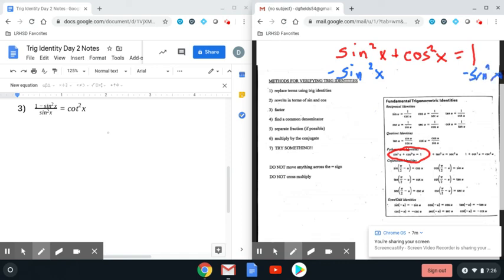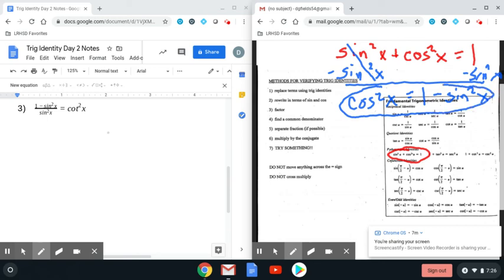And when I do that, now I'm just going to be left with cosine squared x, and that cosine squared x is now equal to 1 minus sine squared x. All right, so you can do the exact same thing with cosine and learn how to rewrite using that cosine squared. So cosine squared x is really equal to 1 minus sine squared x, just rearranging that Pythagorean identity.